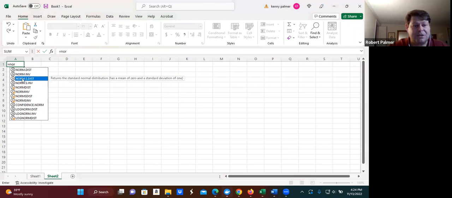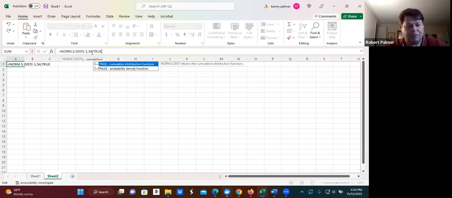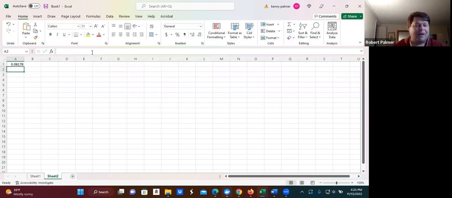And also, if you read it, it says returns the standard normal distribution, which has a mean of 0 and a standard deviation of 1. Double click on that. It also tells you what you have to enter: Z and cumulative. So our Z is, make sure you use the negative 1.54, and then the word TRUE, and hit enter. And that is 0.06178.